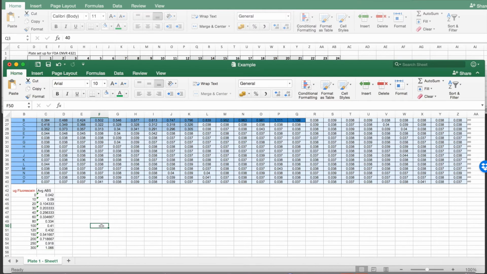Very well. Okay, so here we have the average of the absorbance across each of these standards. Now we need to see the standard curve.